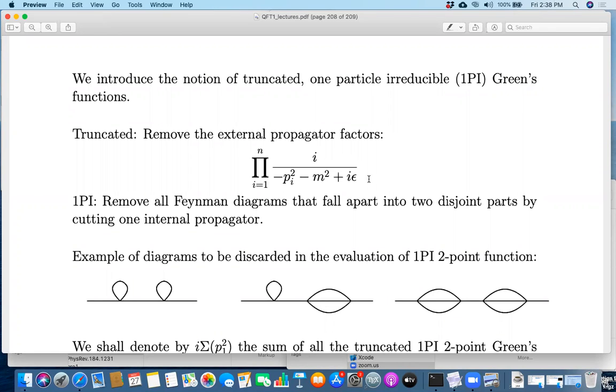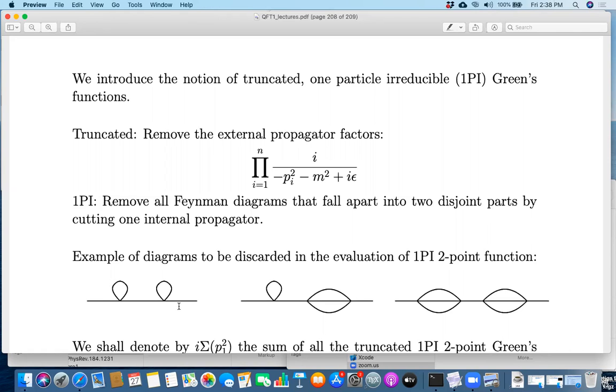After you have written down the expression for the Feynman diagram, you just factor those out. 1PI means that instead of summing over all Feynman diagrams, we sum over only a subset of them. Which subset? We remove all Feynman diagrams which fall apart into two disjoint parts by cutting one internal propagator.